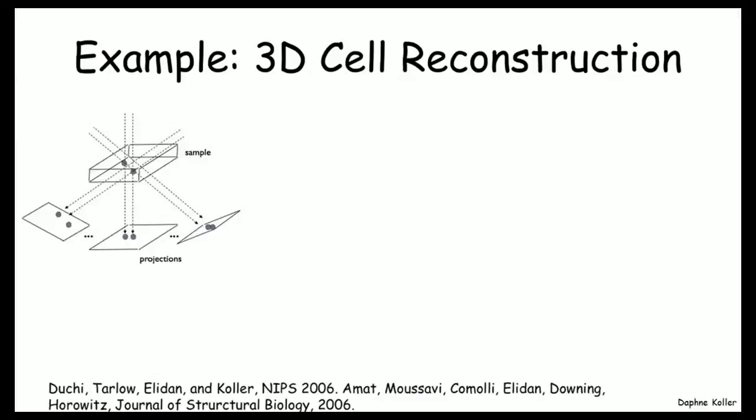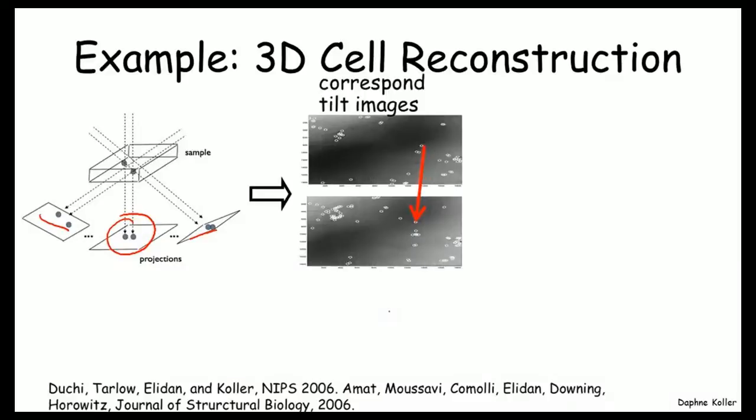Remember a while ago we talked about the problem of 3D cell reconstruction, where we have a cell over here that we're imaging, and we're taking various images that are slices, two-dimensional slices through that cell, and we'd like to reconstruct the three-dimensional structure. So here, as we discussed, we have the slices, and we would like to correspond the beads that we see, these little gold beads in these different images, to each other.